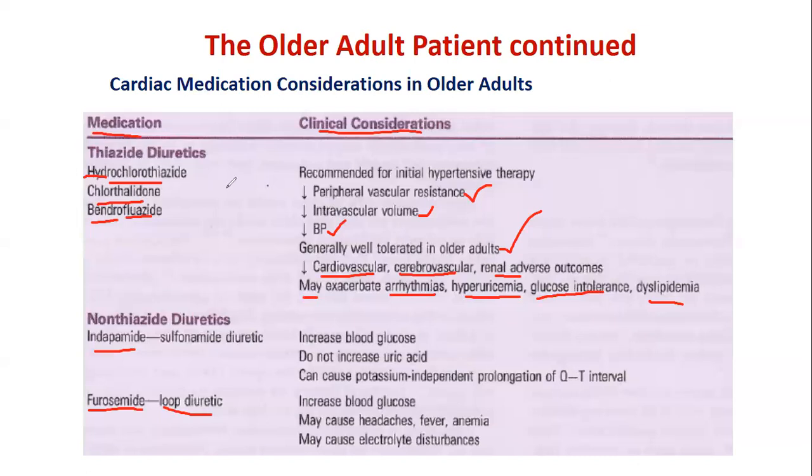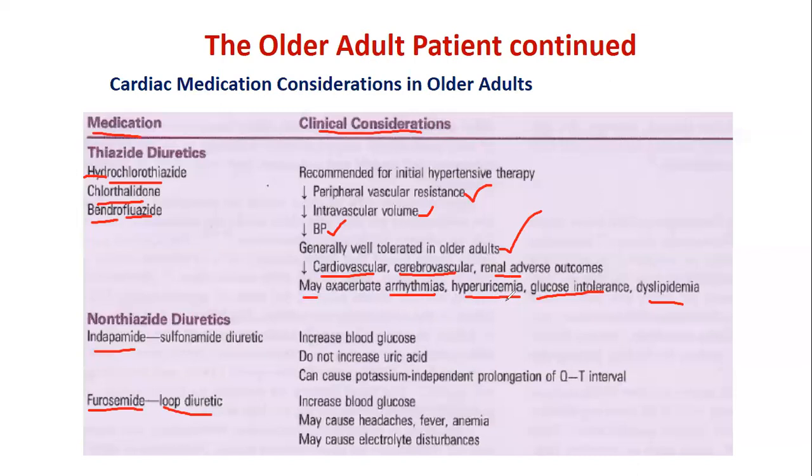also some bad effect, like decreased cardiovascular and decreased cerebrovascular and renal adverse outcome. So if your patient has an arrhythmia, it can exacerbate arrhythmia. It can lead to increased uric acid level, so hyperuricemia.